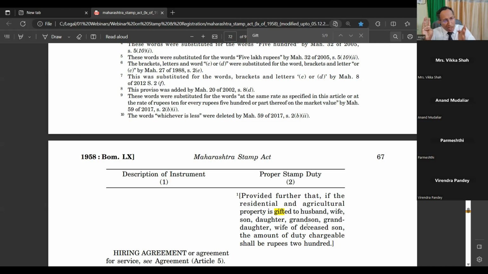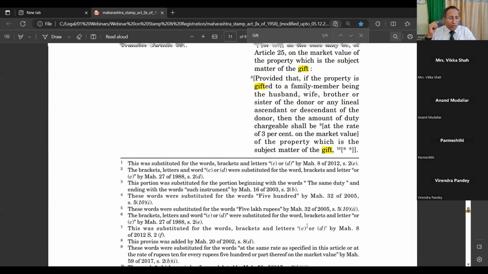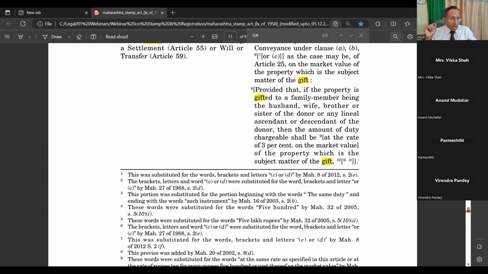So if you are strictly following this, one is that it is residential or agricultural, and the other is the relationship. Similarly above also. Only if you strictly follow this will the reduction in the stamp duty be attracted. Otherwise, it will be deemed as a conveyance.